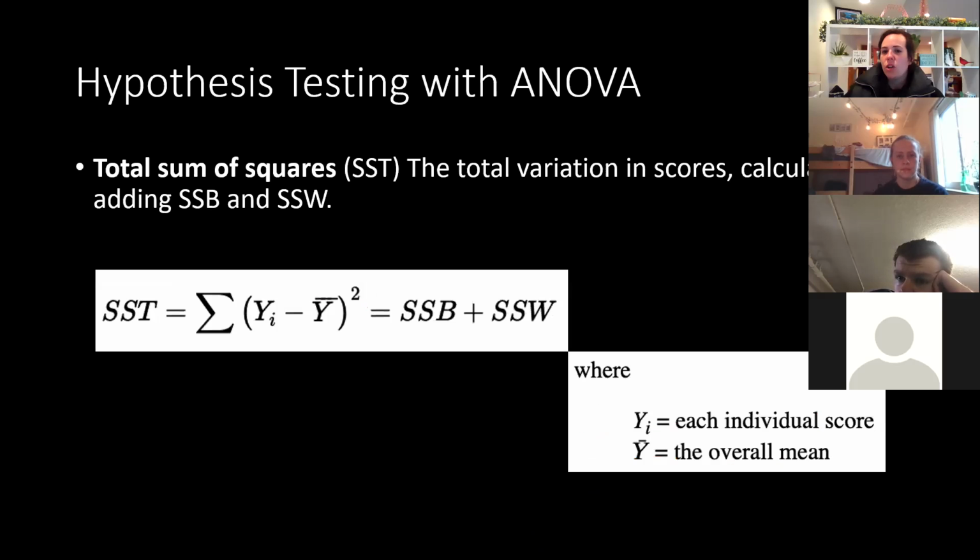Okay, just one more definition. The total sums of squares, SST, T is for total, is the sum of each individual score minus the overall mean squared, which will be the total of your sums of squares between and your sums of squares within.